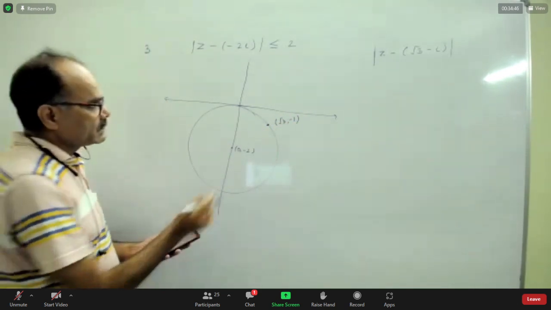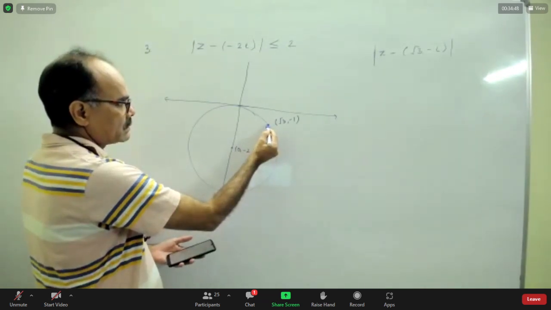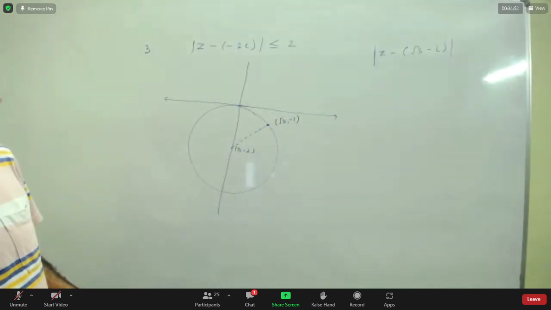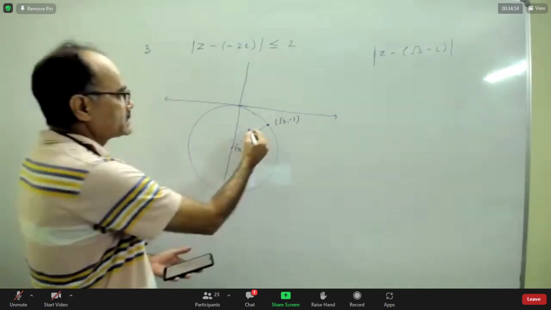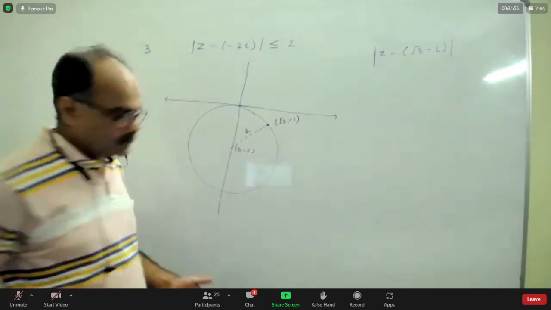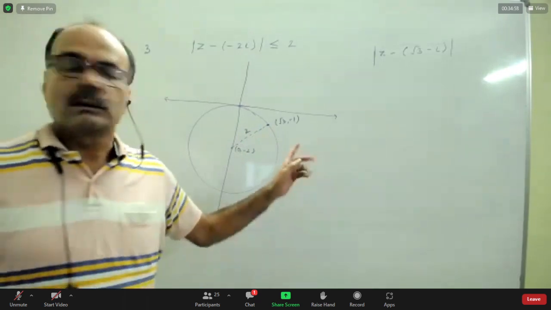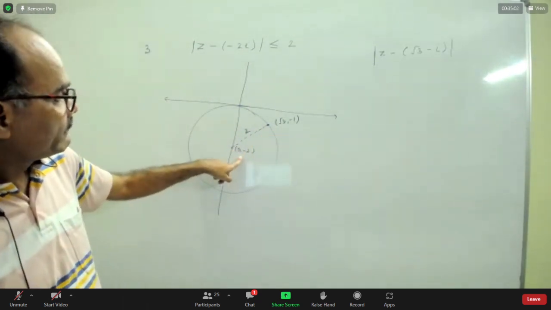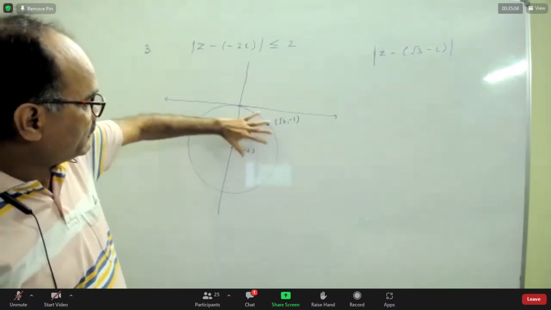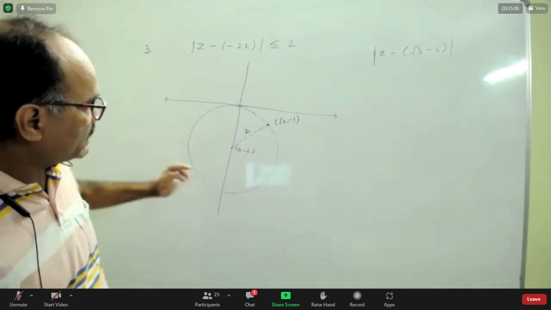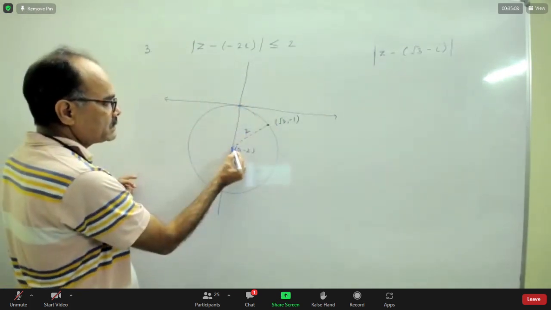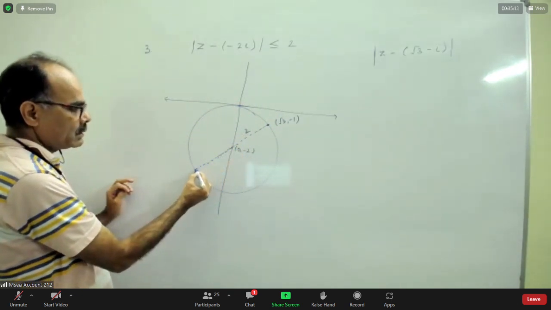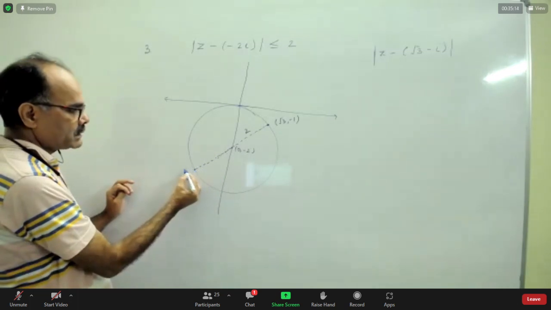Because this distance is how much? The distance from this point to this point is 2. And the maximum distance from a point on the circle or inside the circle to this point is how much? 4. What will be the answer? 4. Z should be here.